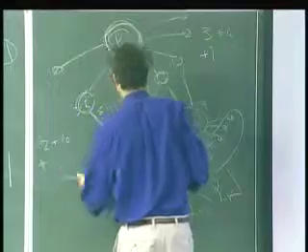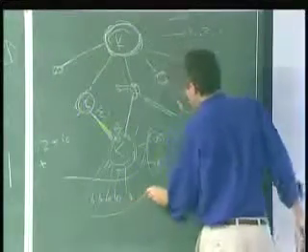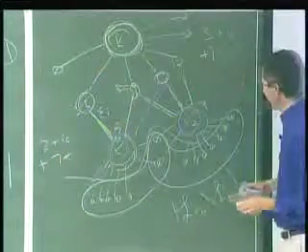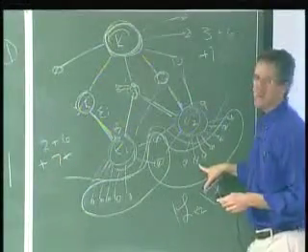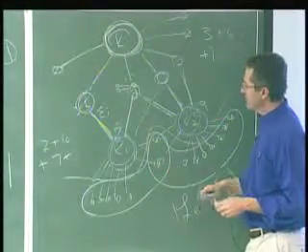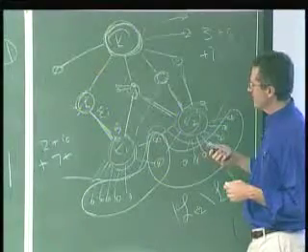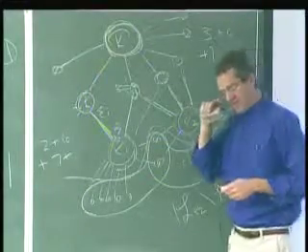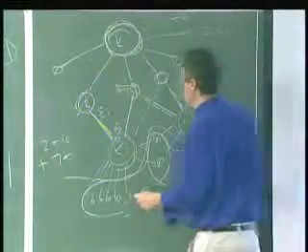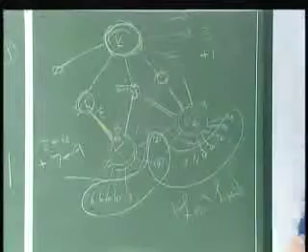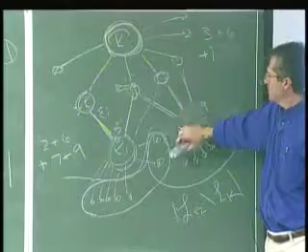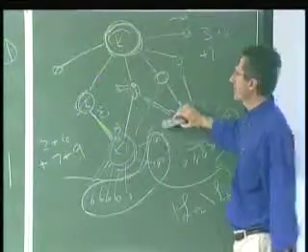Plus, it is adjacent to these 7. Plus, it's adjacent to actually only 7 more, not 9 more, because I don't want to count these twice. So the exact degree would be 2 plus 6 plus 14. That's 8 plus 14, which is 22. The exact degree is 22, but I'll compute that instead, 24. So I get an upper bound because of this overlap right here between these two non-pivotal elements.